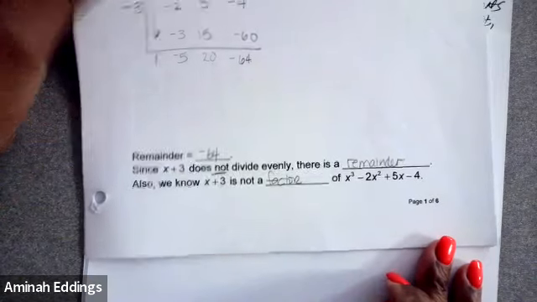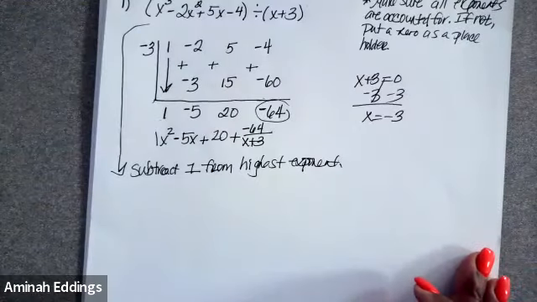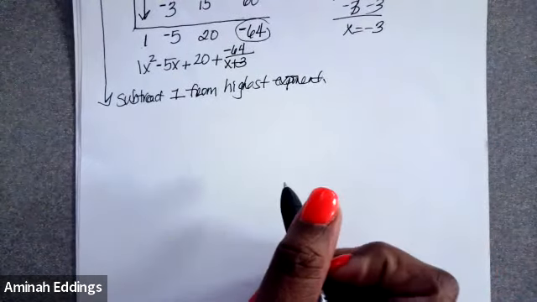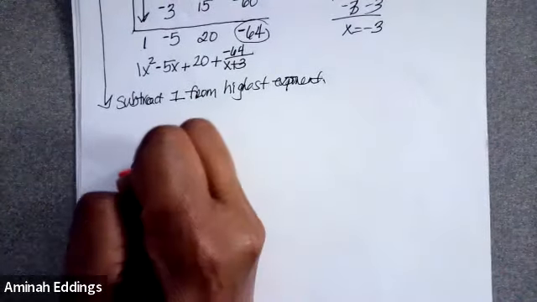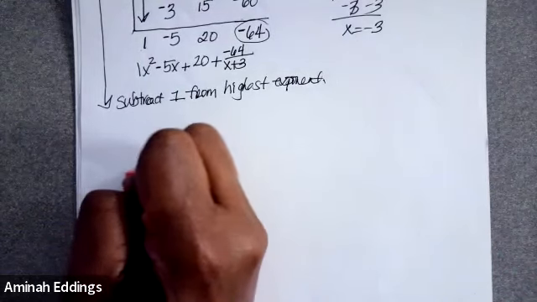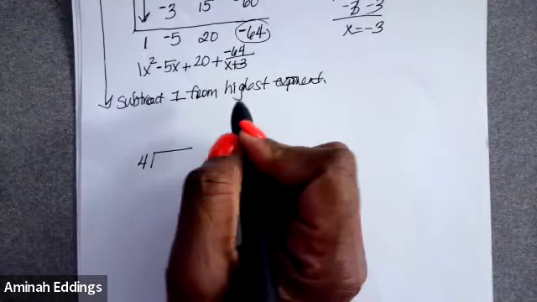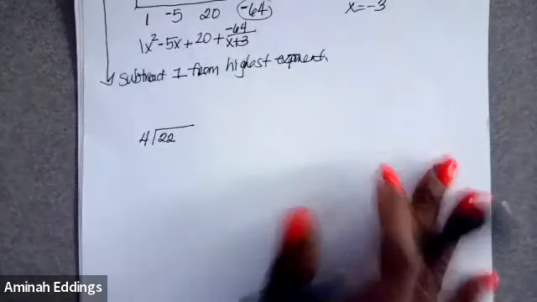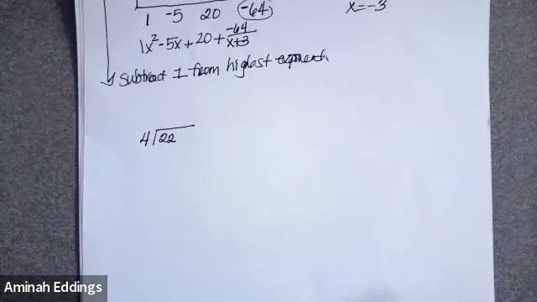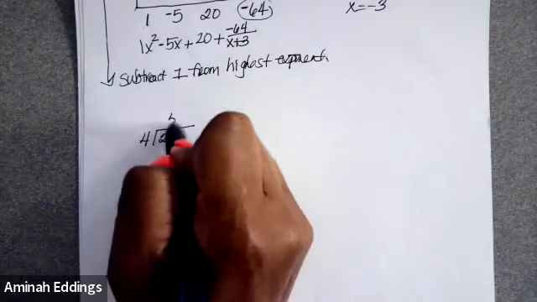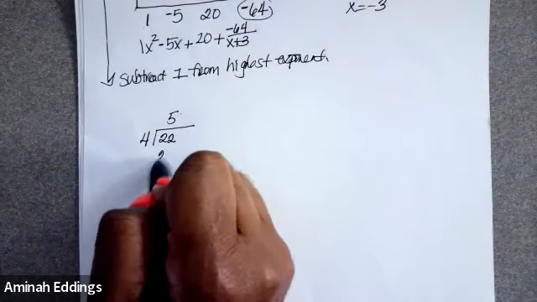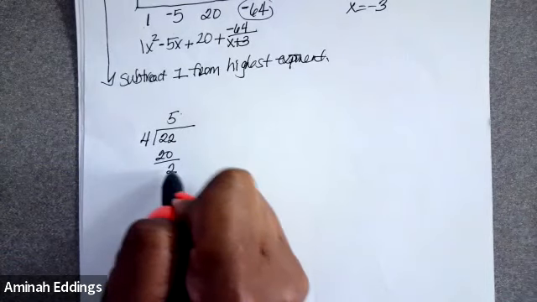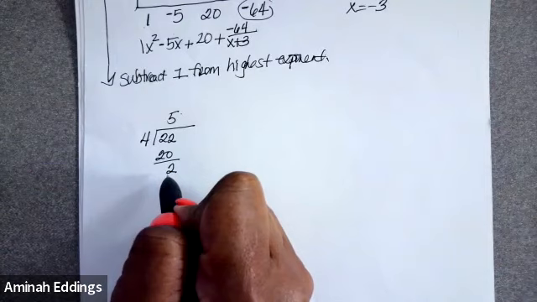Okay. If we put this in terms that we're used to, let's say 4 into 22. And this is just giving you an example. How many times does 4 go into 22? 5 times. Then we get 5 times 4 is 20. Subtract, we get a remainder of 2, right?